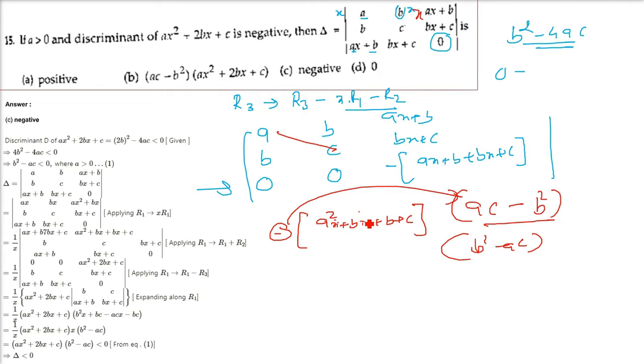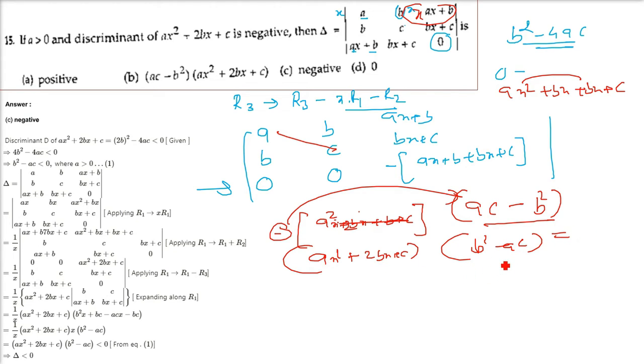B square minus ac is always less than 0, as we discussed earlier, since a is greater than 0. So this whole expression will always be less than 0, since ax square plus 2bx plus c will always be positive and b square minus ac will always be negative. So the whole result will always be negative. I hope you got the idea.